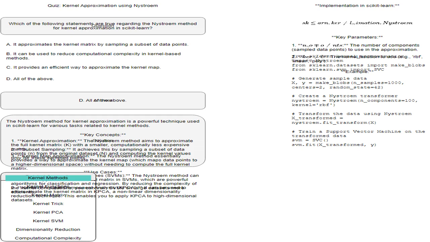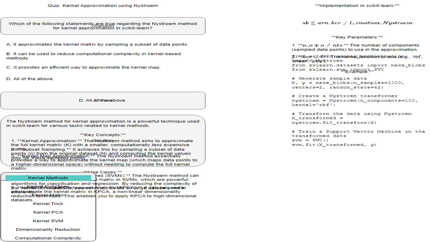Kernel methods are widely used for tasks like classification, regression, and dimensionality reduction. In the context of image recognition, kernel methods like support vector machines (SVMs) can be used to classify images based on their underlying features, effectively differentiating images of cats from images of dogs.